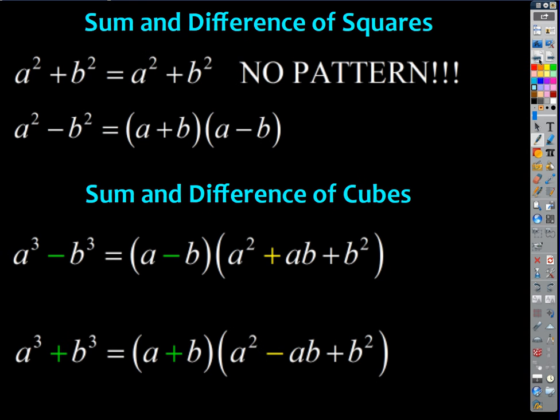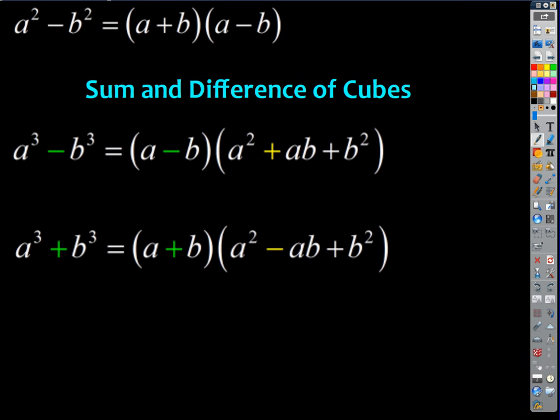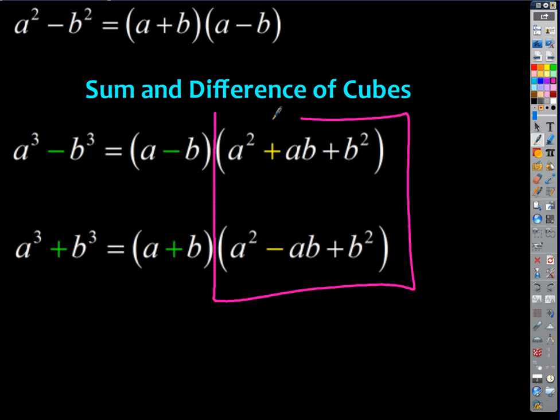Now, something else we want to remember about this too, right? We want to remember that the quadratic trinomial factor that we get is irreducible, right? It's an irreducible factor, so you're never going to be able to factor it any further, and if you set it equal to 0 and solve to find its zeros, they're always going to have i's in there, always going to be imaginary. Okay?